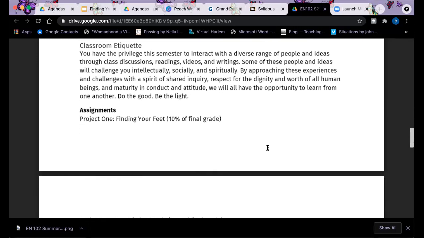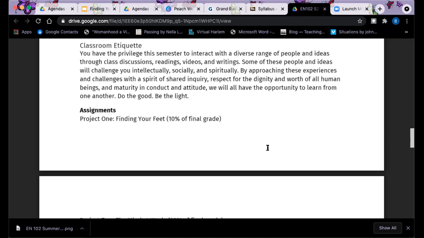In this class, you have the privilege to interact with a diverse range of people and ideas through class discussions, readings, videos, and writings. Some of these people and ideas will challenge you intellectually, socially, spiritually. By approaching these experiences and challenges with a spirit of shared inquiry, respect for the dignity and worth of all human beings, and maturity in conduct and attitude, we will all have the opportunity to learn from one another.